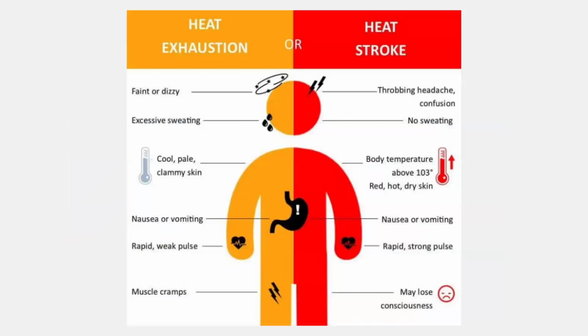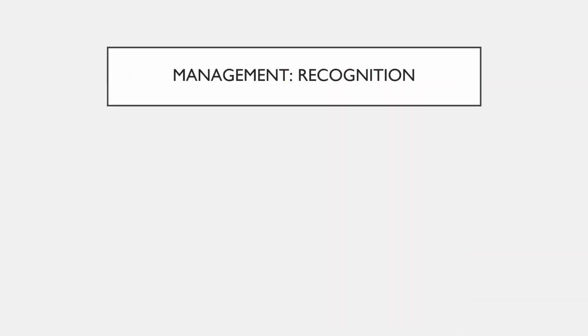This is another graphic to compare the two. The main thing is the confusion for heat stroke. They might stop sweating at this point, and the increased temperature. So what do you do when you have a patient with heat stroke? First is recognizing it.